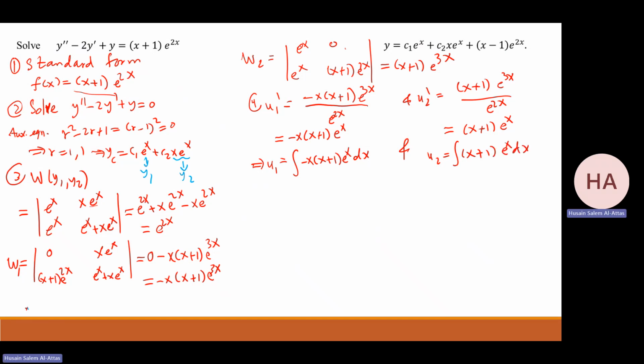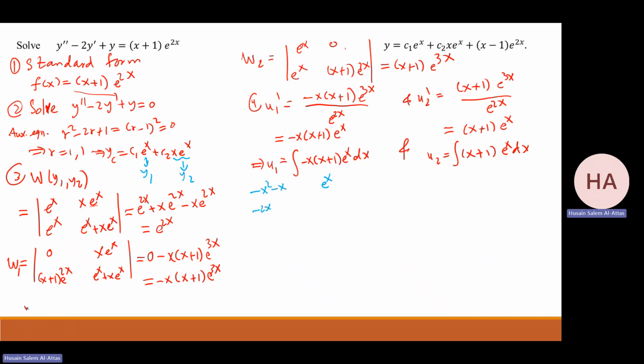How to do this integral? I need integration by parts. I need the tabular method. So let me do it. I have what? Minus x, x plus 1. This is e to the power x. Yeah, this is what? Minus x squared minus x, correct?